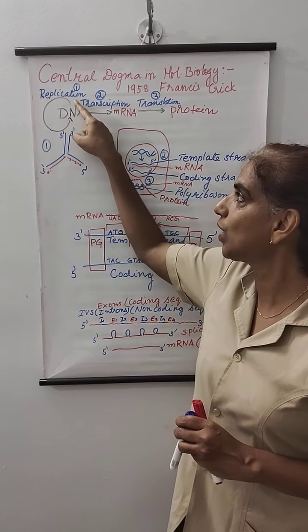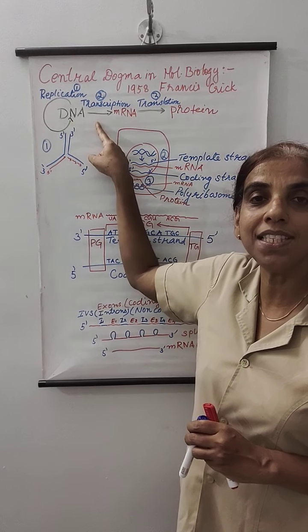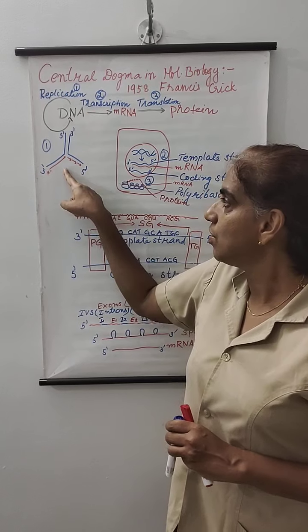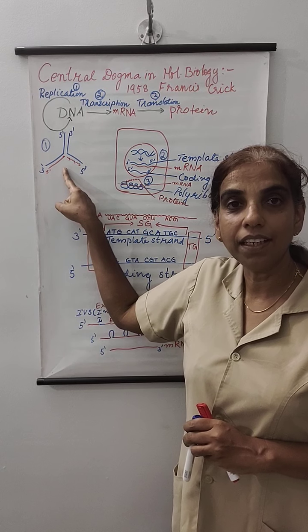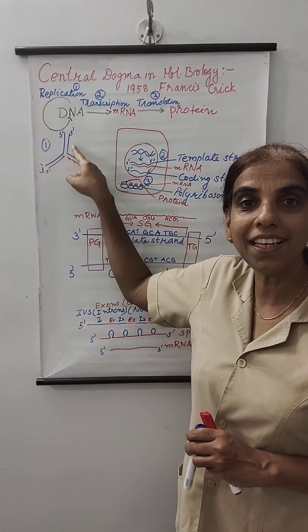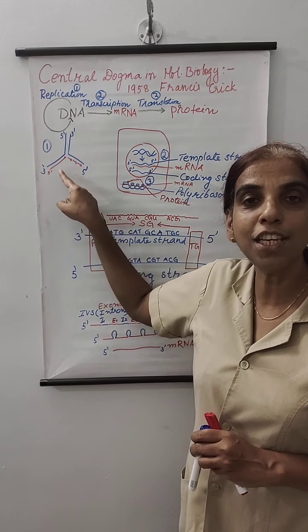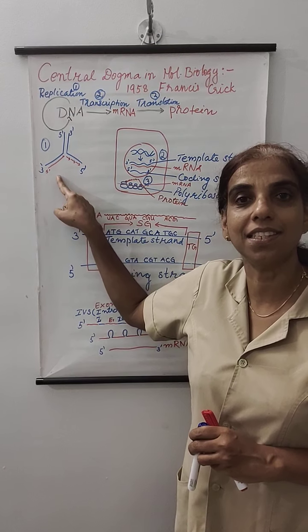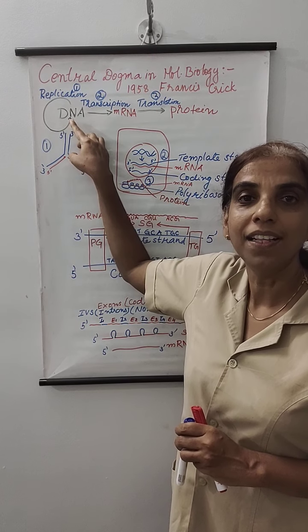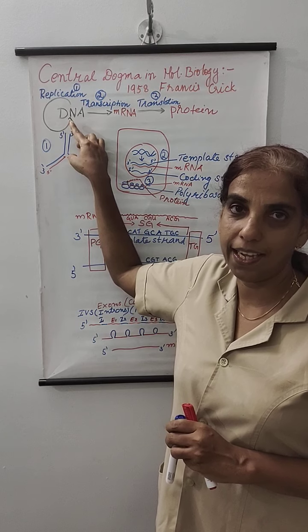That is why an arrow mark is pointing again towards the DNA. This gives the idea that the double helical DNA is making its own daughter DNAs. That is the first phase of the central dogma, the replication of DNA.